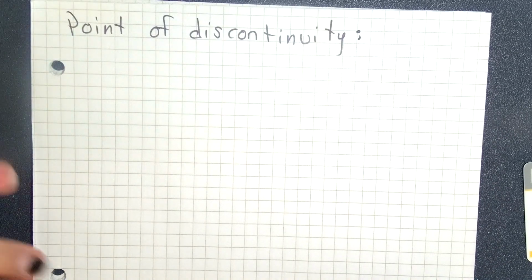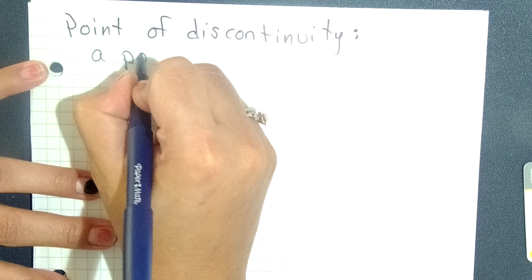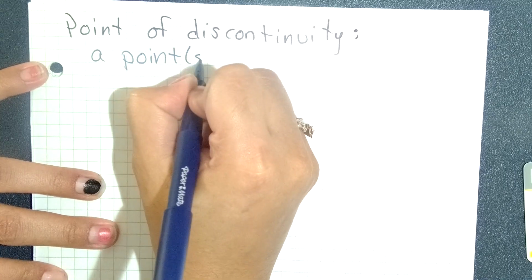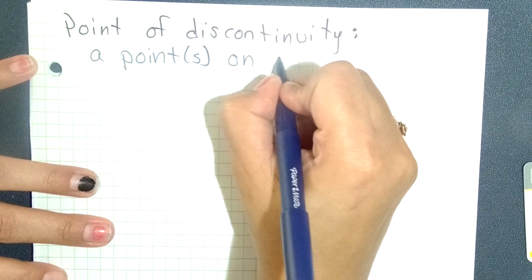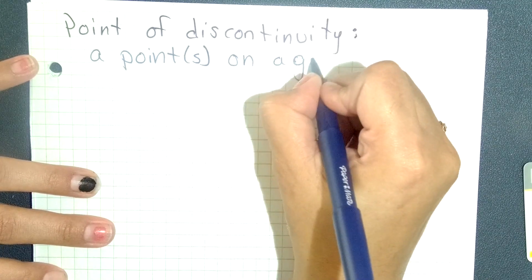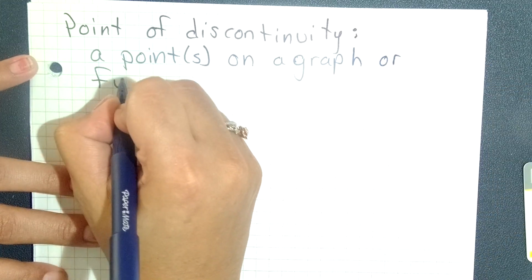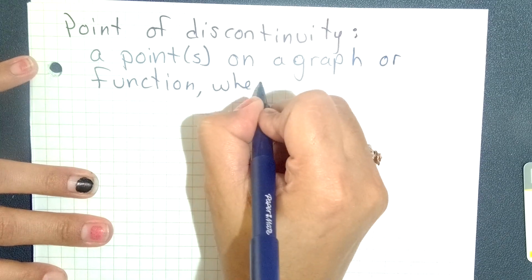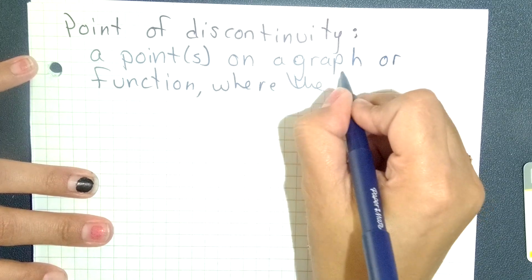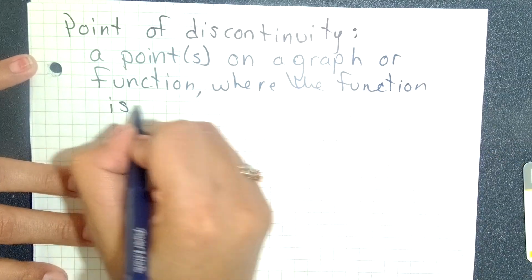The point of discontinuity is a point or points on a graph or function where the function is undefined.